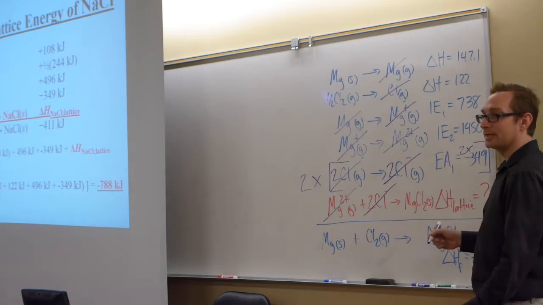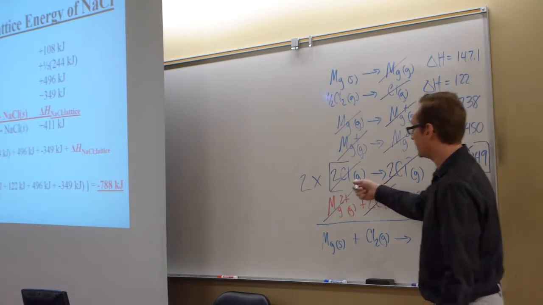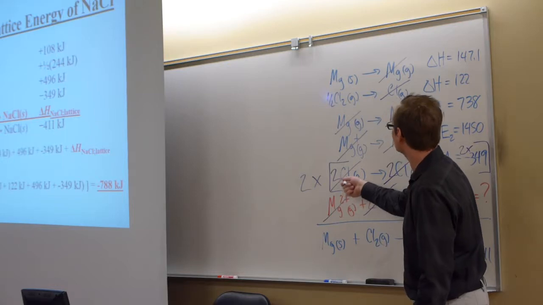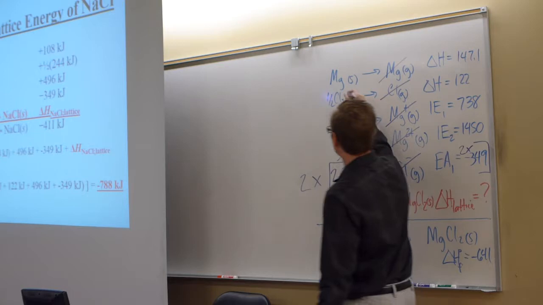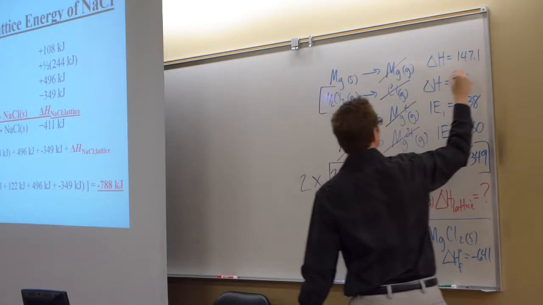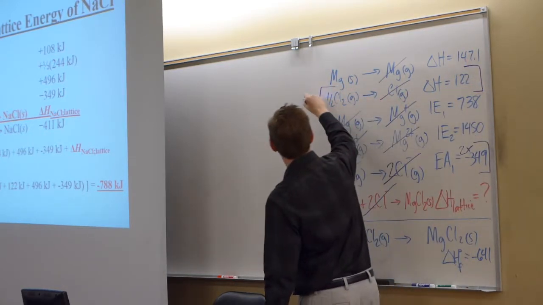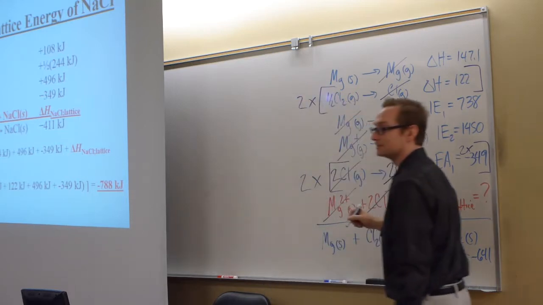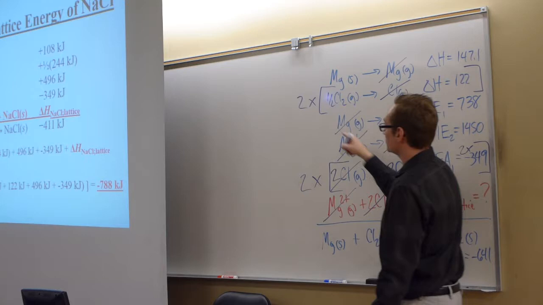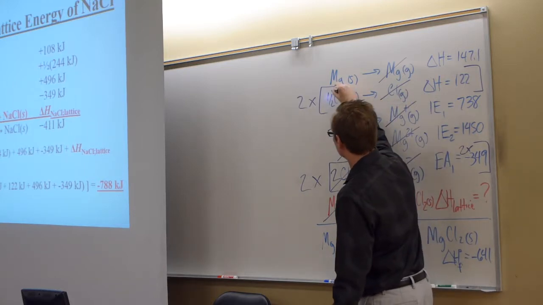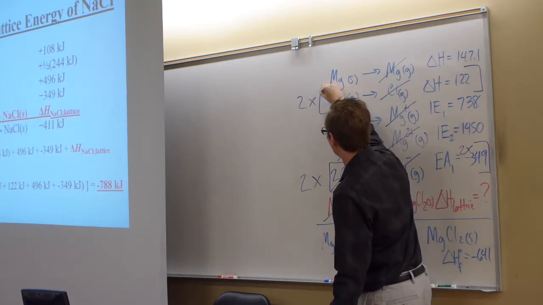But now we've got an issue, right? Because now there are 2 chlorine gases, but there's only 1 up here. So that means I need to multiply that one by 2 as well. Multiplying 2 times 1/2 just gets me to a 1.